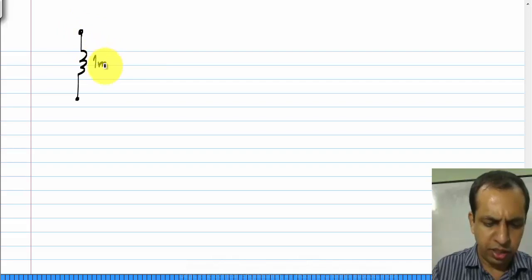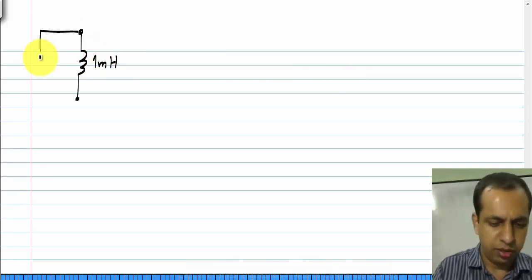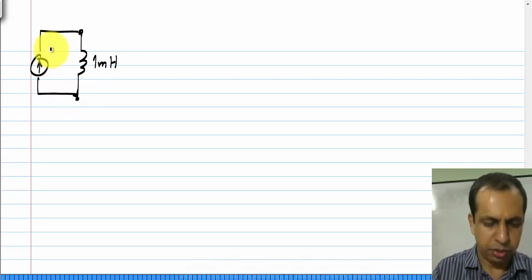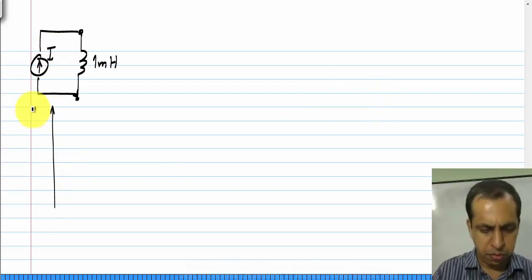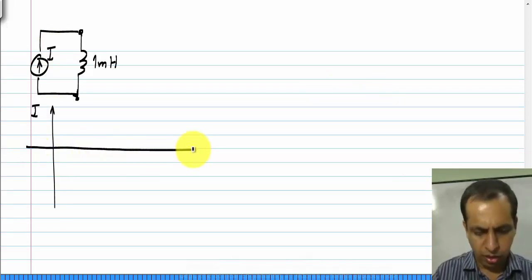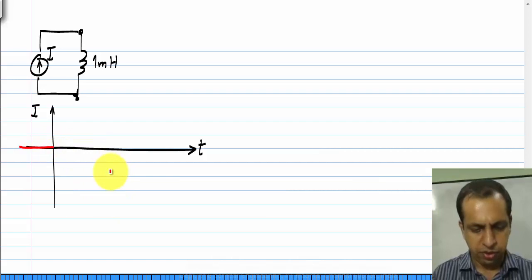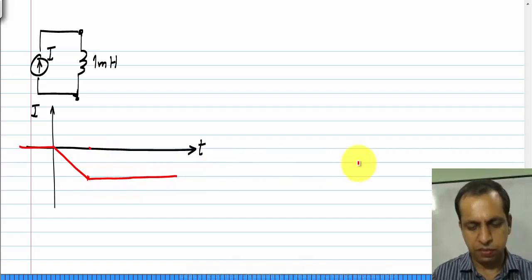So, let us say we have a 1 millihenry inductor and it is driven by a current source like this, and the current has a certain waveform. And just for fun, let me say that the current is 0 before t equal to 0 and it goes negative, okay, and it stays at this value after a certain time.